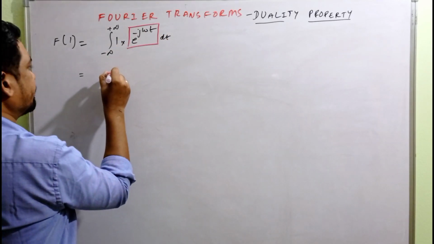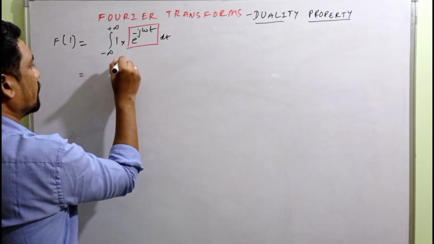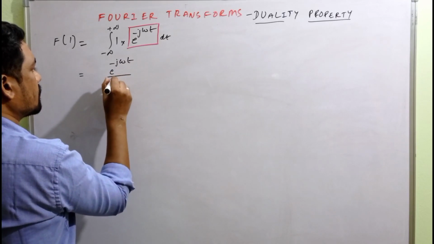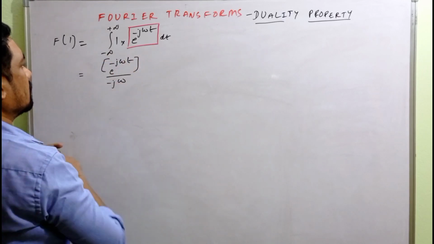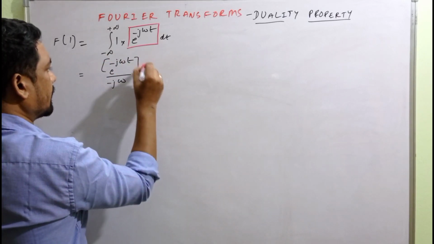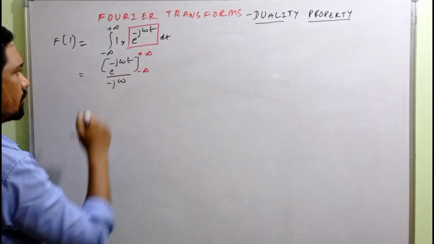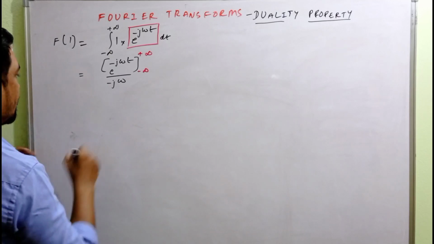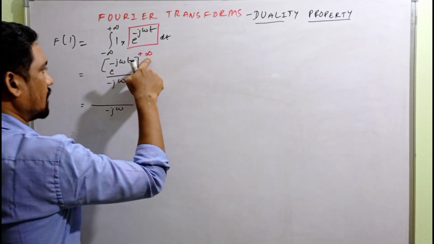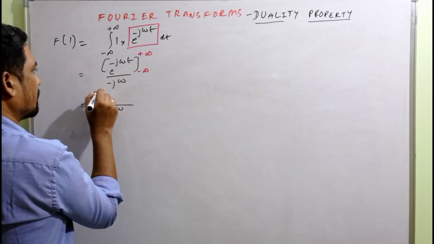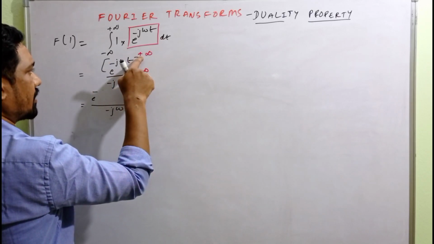It's e raised to minus j omega t upon minus j omega, because integration is with respect to t, and we have minus infinity the lower limit and positive infinity the upper limit. Plugging in the values of the lower and upper limits in place of t, with the upper limit it's e raised to minus everything into infinity, so that is negative infinity.